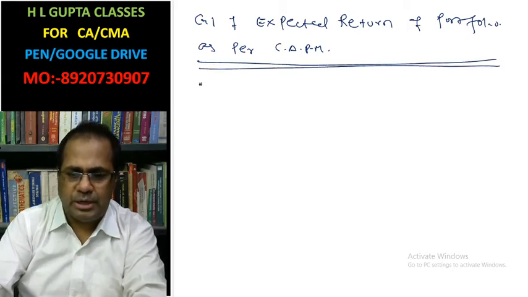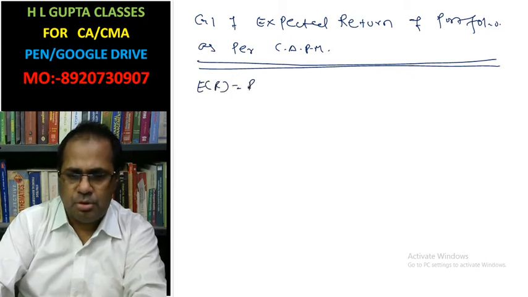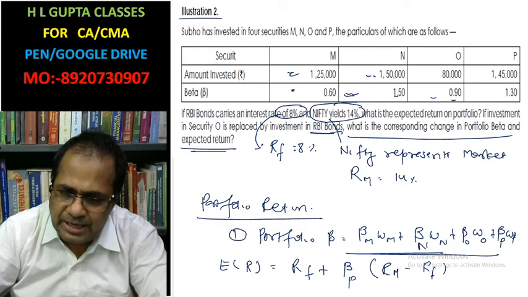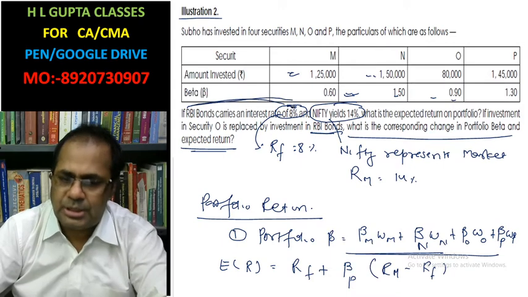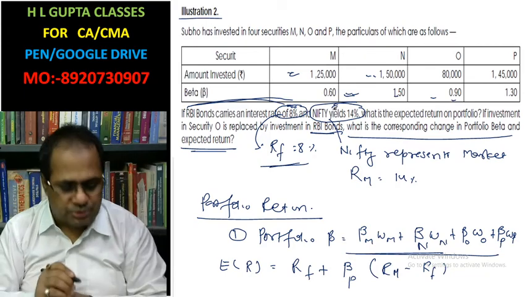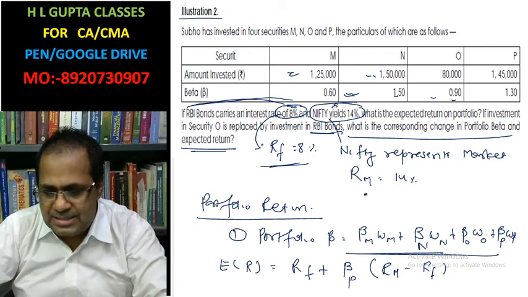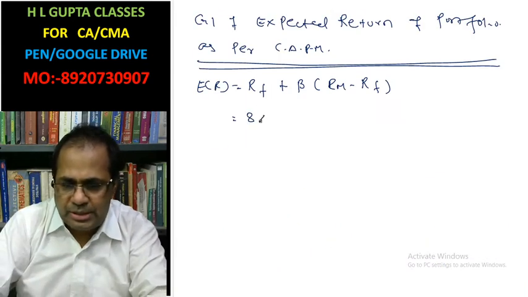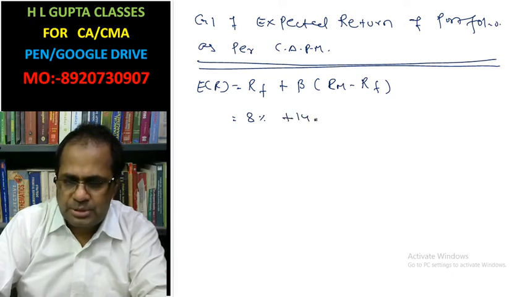The formula: expected return equals the risk-free rate of return plus beta times (RM minus RF). The risk-free rate of return is 8%, the return from the RBI. The return on the market, that is the Nifty yield assumed to be the return from the market, is given as 14%.